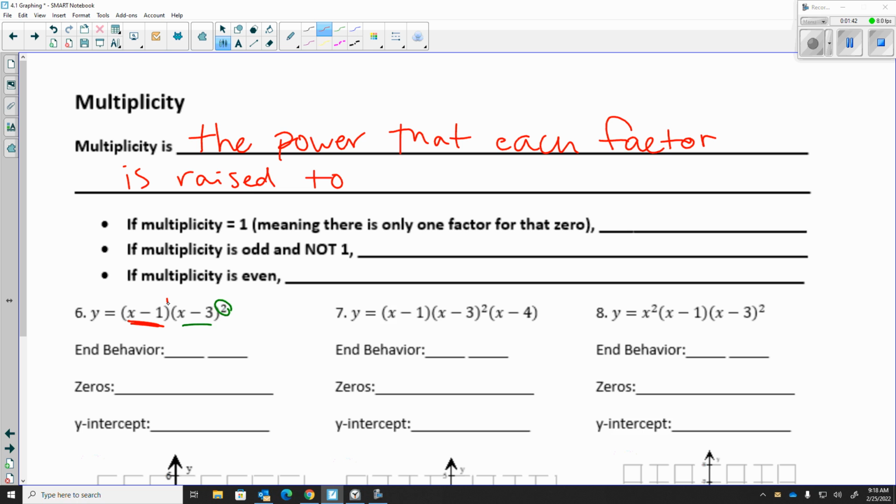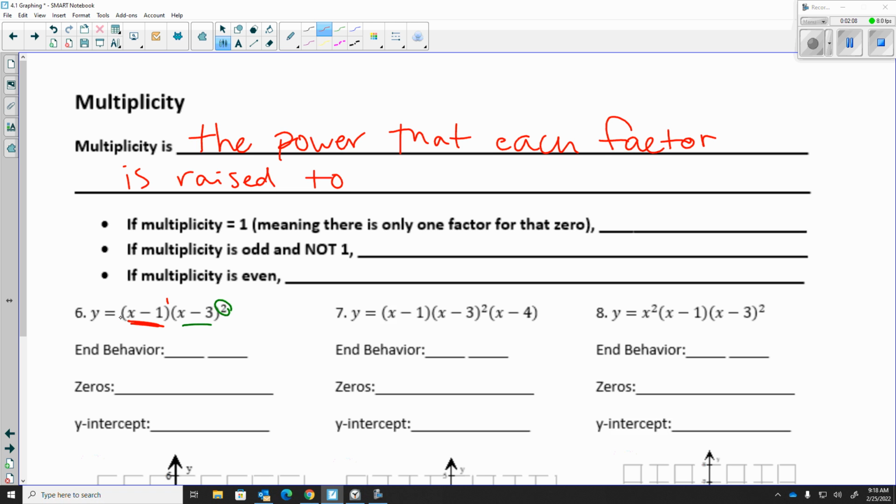If the multiplicity of a factor is 1, meaning there's only one of that factor, that tells you what the graph does at that x-intercept. Because remember, these tell you what the x-intercepts are, right? So this tells you that 1 is an x-intercept.